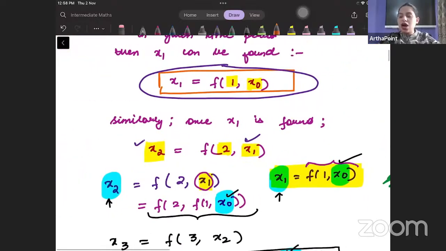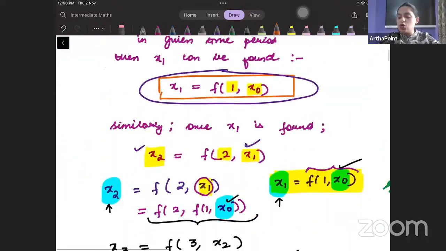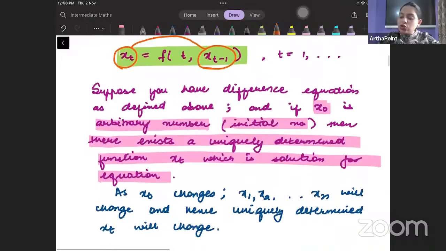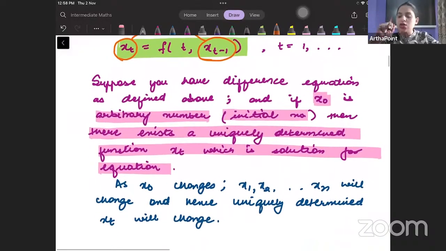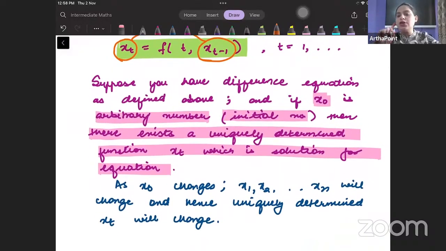I want this answer. This is going to be my solution. I should have that one unique equation. Are you getting it? This has to be a unique equation that I will get.